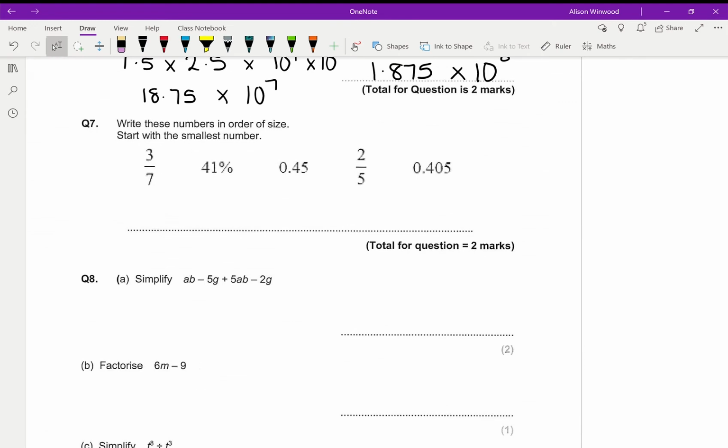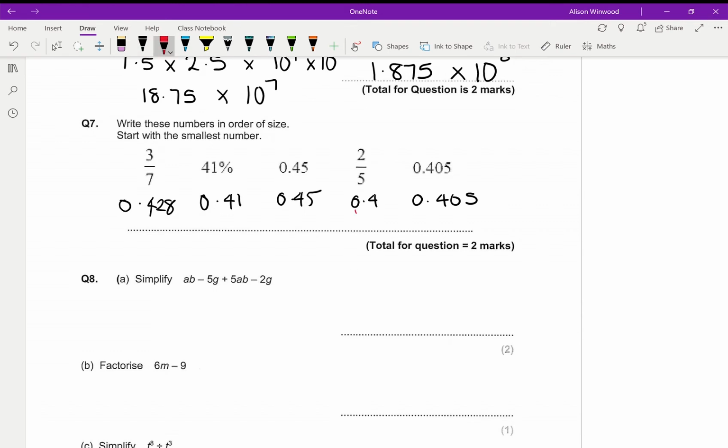Easiest way to compare fractions is to change them all to decimals. So 3/7 is 0.428, 41% is 0.41, I've got 0.45, 2/5 is 0.4, 0.405.